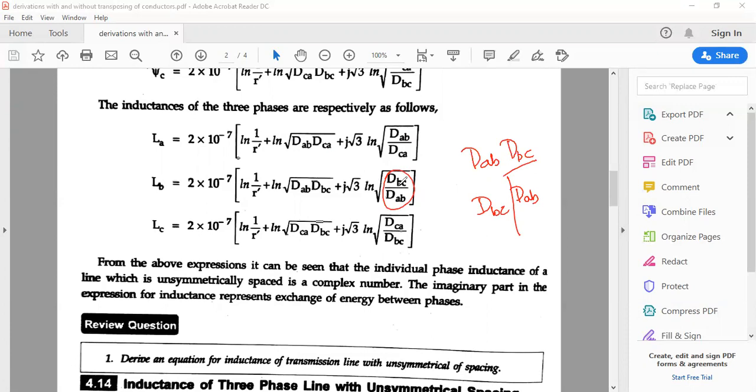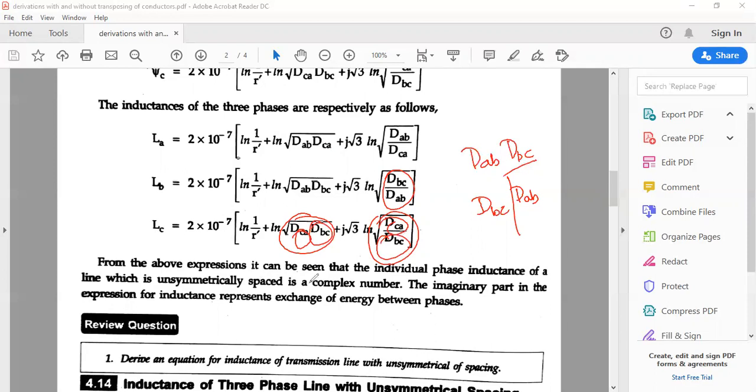This is just a simple notation for how you can remember such equations in all three phases easily. So you can replace it as DBC and next DAB there. Similarly you can come to a conclusion: DCA is present here, and DBC is present in the denominator.